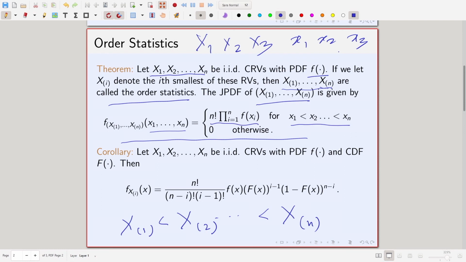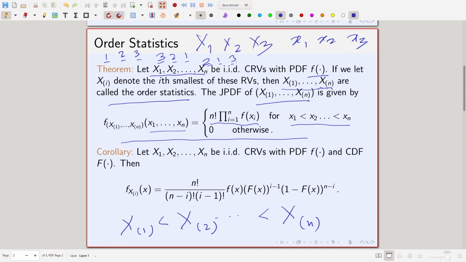For example, suppose I give you 1, 2, 3 or 3, 2, 1 or 2, 1, 3. In each case, this is x1, this is x2 and this is x3.